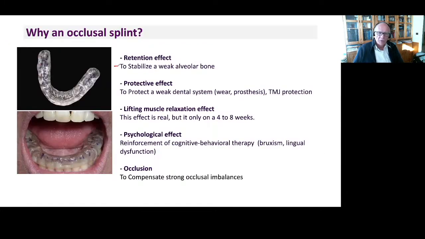We have a retention effect to stabilize. We have a protective effect. We have a relaxing effect of muscles, but only for 4 to 8 weeks, after that the muscular tension is coming back.